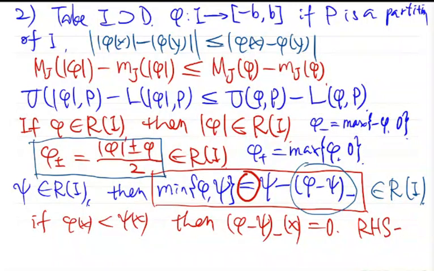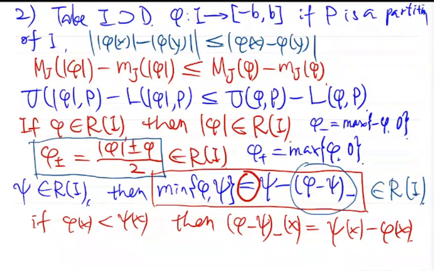I made a mistake. If phi is less than psi, then the negative part of phi minus psi is psi x minus phi x.